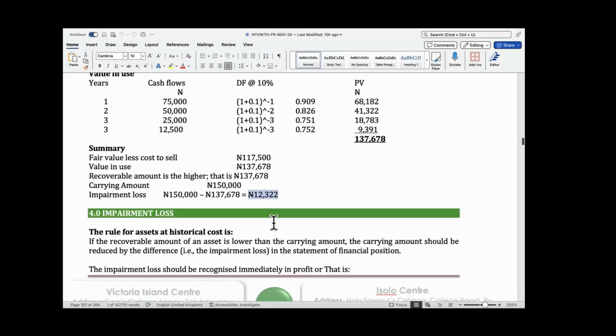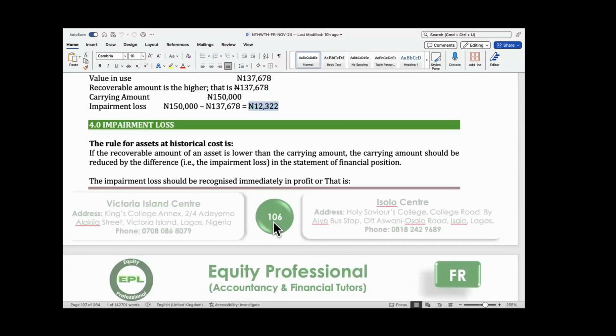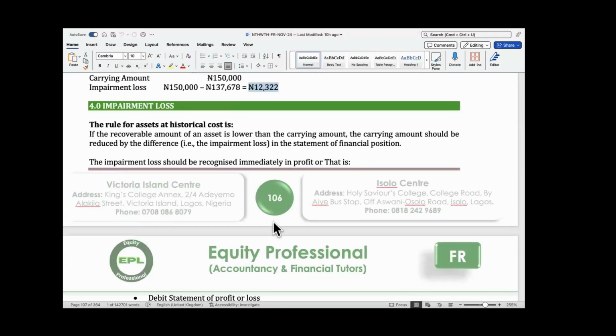However, when we have an impairment loss, how do you then account for it? When you have an impairment loss, especially for an asset that you measure using historical cost or the cost model, that impairment loss should be recognized immediately in profit or loss.